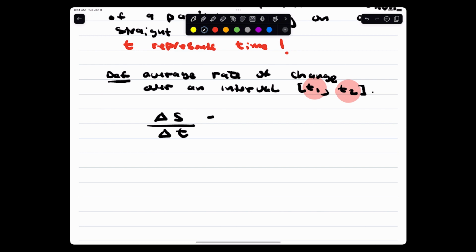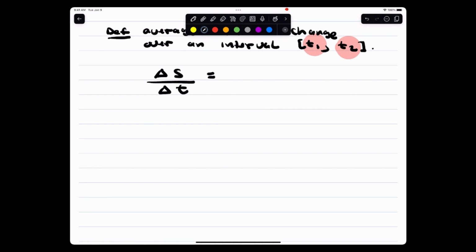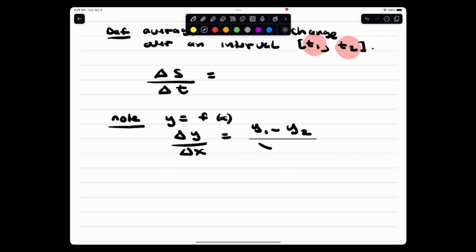Now, that's delta. Do you guys remember beginning algebra? What is delta anything? This comes from the idea that if you have y as f of x, it's delta y over delta x. What was that from beginning algebra? y2 minus y1 over x2 minus x1.